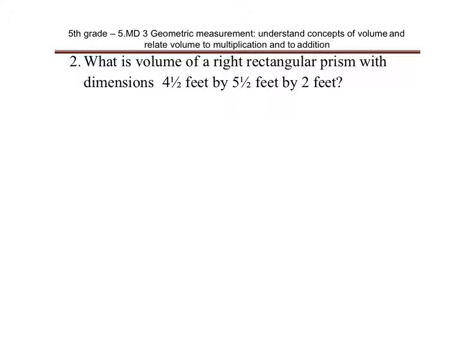In this next one, it's slightly more complicated because instead of just whole numbers, you have fractions, but same thing. So just draw yourself a picture. So we'll say it's 4.5 by 5.5 by 2.